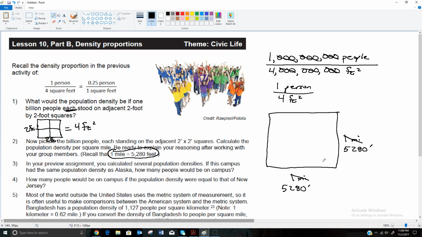This is a fairly large number, see if I can squeeze it in here: 27,878,400 square feet in this area.